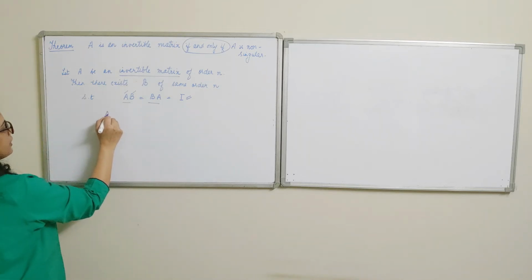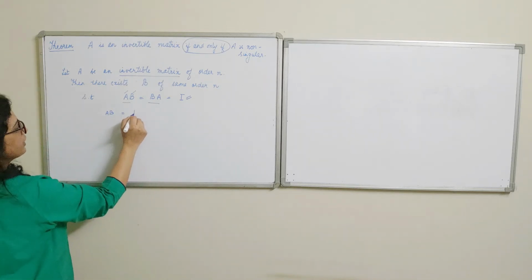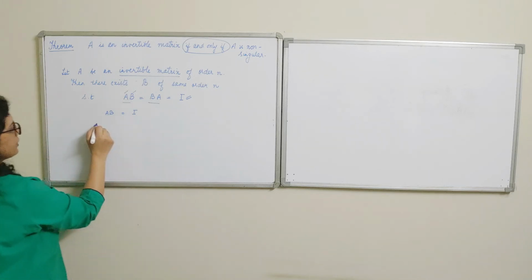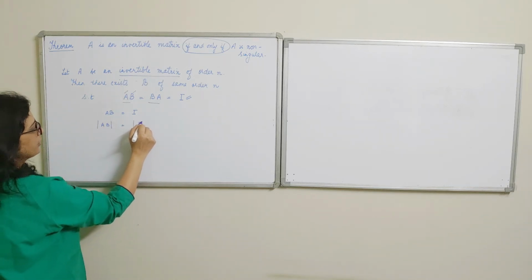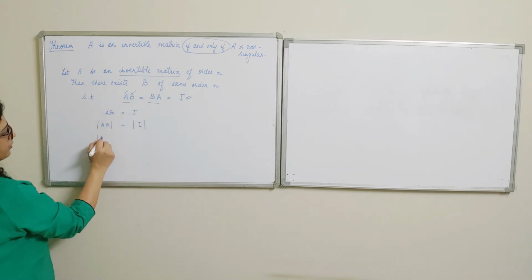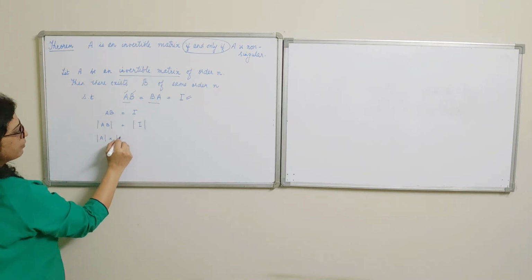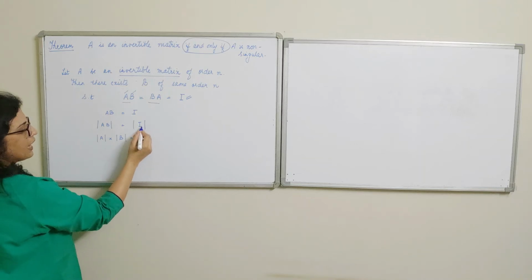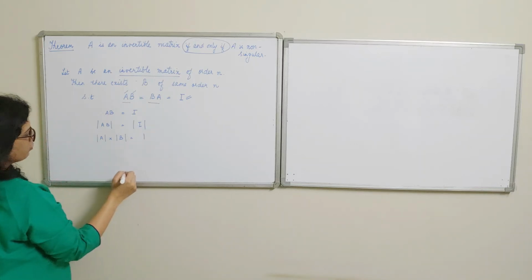Alright, so here let us take this equation AB is equal to I, and let us take determinant of the matrices on both the sides like this. So the left side determinant gives us determinant A multiplied by determinant B, and determinant of identity matrix is 1.